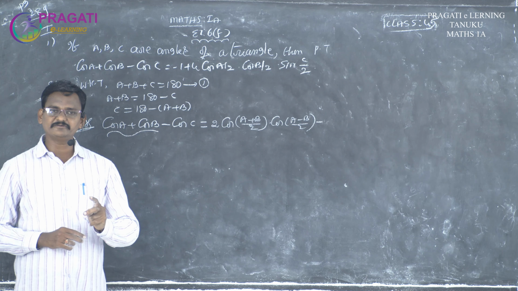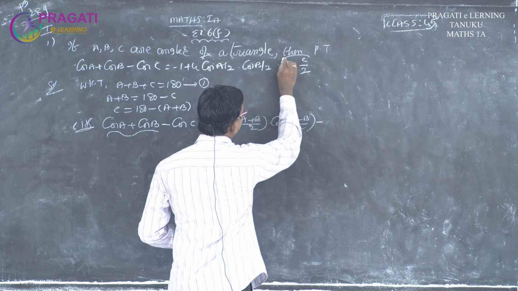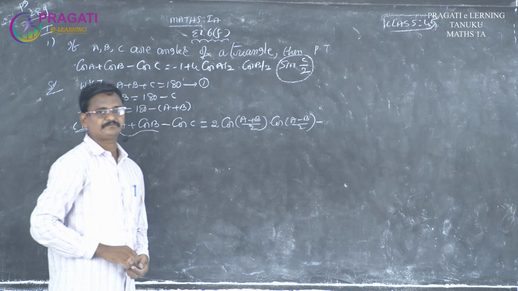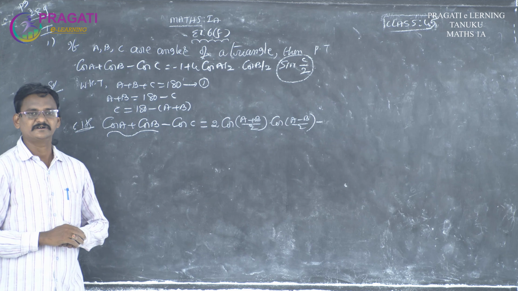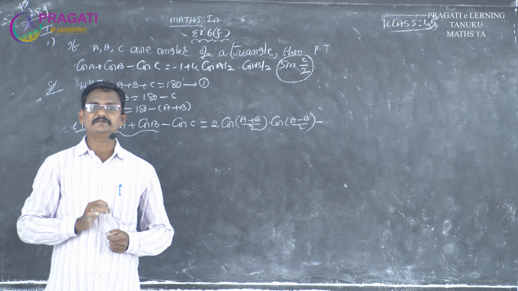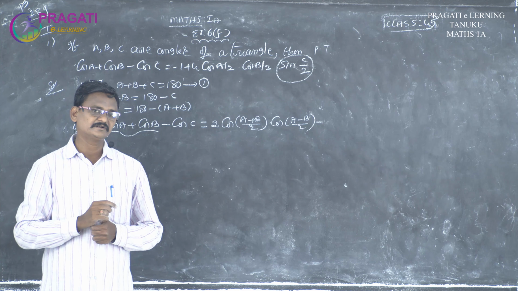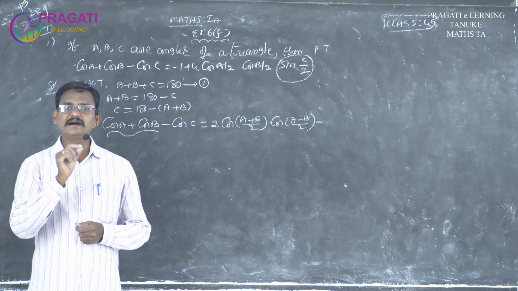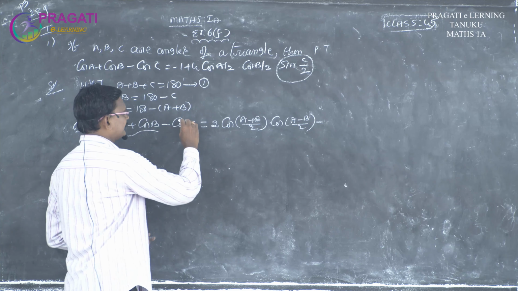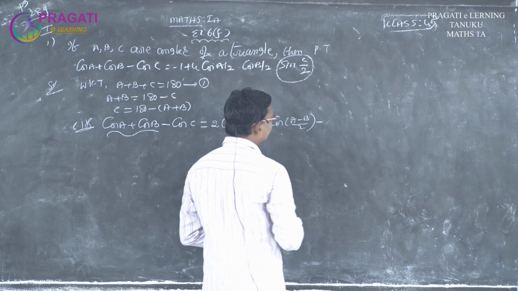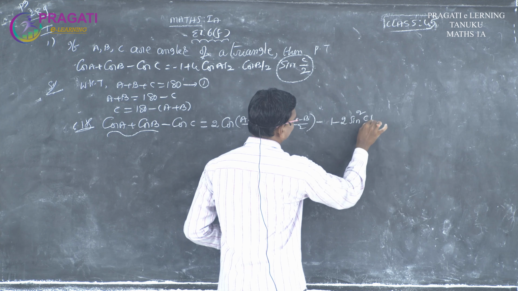But here which formula is applicable? C is in terms of sine function, so write the cos C formula in terms of sine. Cos 2A is 1 minus 2 sine square A. In submultiple, cos A means 1 minus 2 sine square A by 2. So finally cos C means 1 minus 2 sine square C by 2.